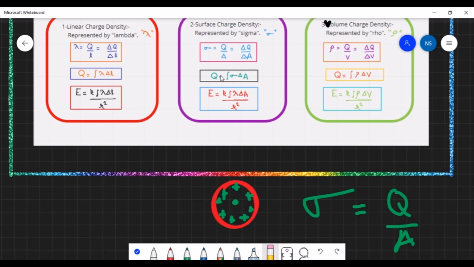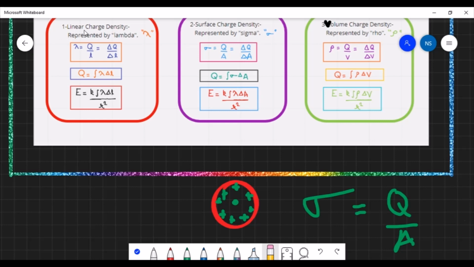From here we again take delta Q by delta A, the same thing as I told in linear charge density, and then we can get the Q formula. From that, Q is equal to the integration of sigma multiplied by delta A. So basically everything is the same, just one difference is that the charge density will be divided by something else.